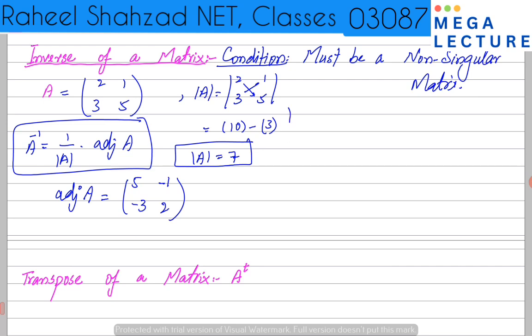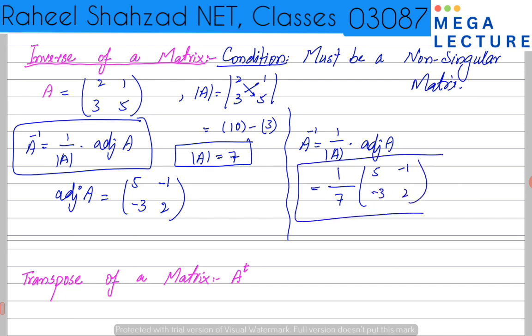So your inverse is ready, and the inverse is going to be 1 over |A| into the adjoint of A, that is 1 divided by 7 into [5, -1; -3, 2]. You can leave your answer here, or if you want, you can multiply the 1 by 7 inside the bracket.